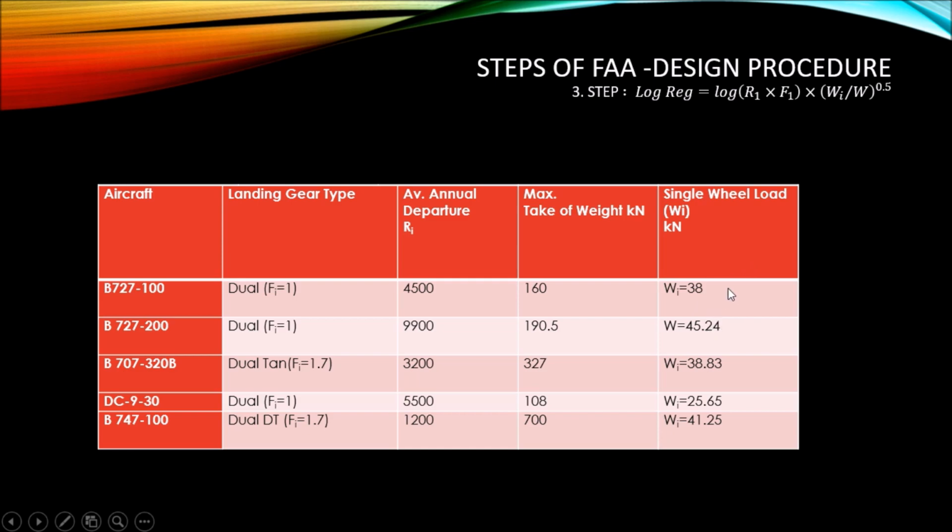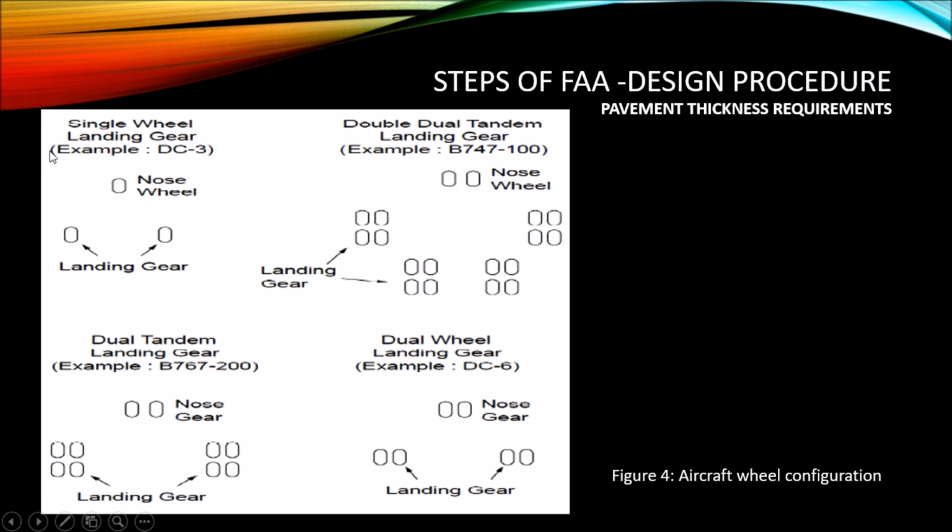Because we have the main gear assembly and the nose gear. Initially we were introduced to different aircraft types. Like this one, we have single wheel gear. This very one has two main gears and one nose gear. Double dual tandem has two wheels for the nose gear, and for the main landing gear you can see it has 4 plus 4, which is 8, 8 plus 8, which is 16, a total of 16 wheels.